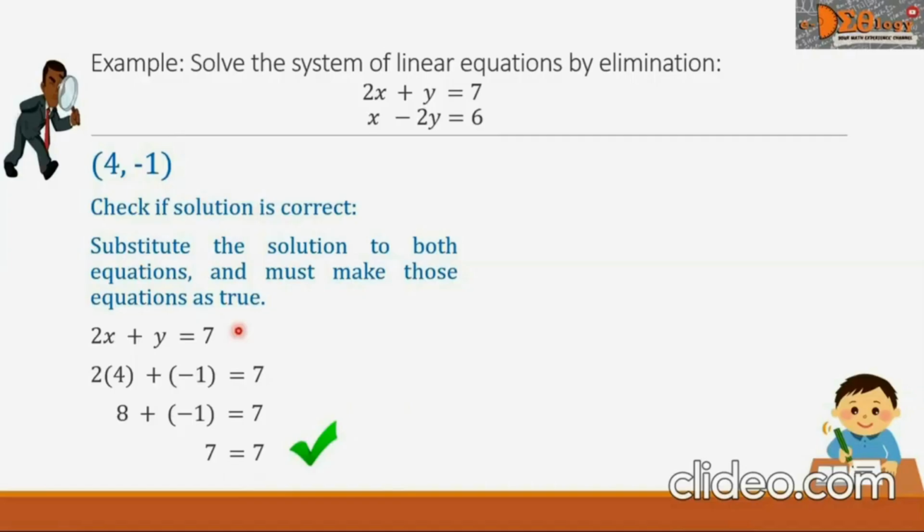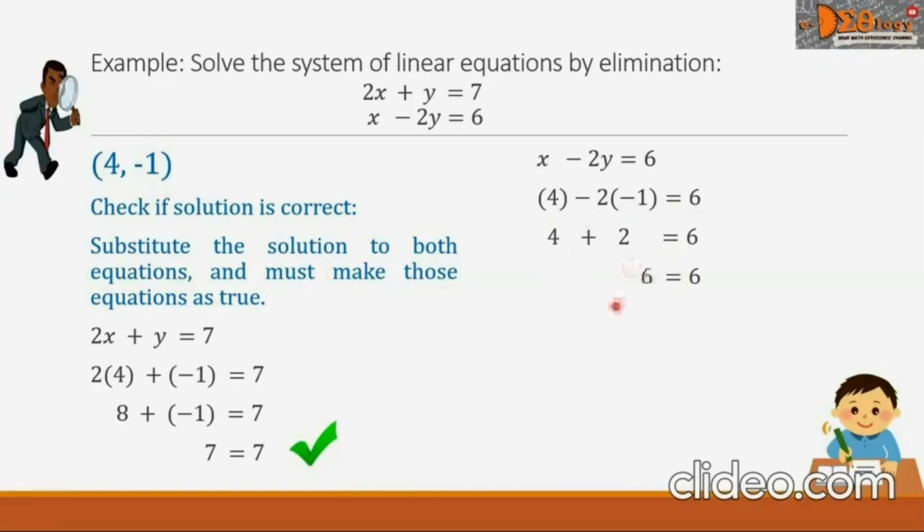Let's try the second equation. x minus 2y equals 6. Let us now substitute the values. So now the x becomes 4 and this y here becomes negative 1. So we have 4 minus 2 times negative 1 must be equal to 6. So this is now 4. This negative 2 times negative 1 will be positive 2 equals 6.